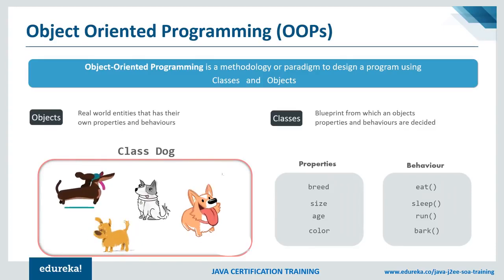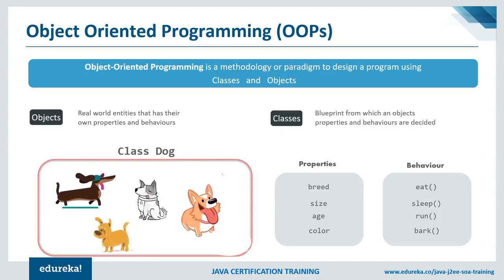For example, what is the weight, what is the age, what is the size, color, breed. So these are the properties. I can even say that they are the attributes which are linked to your object. Behavior goes like eat, sleep, run, bark, etc. So let's say a nose is used for a process called breathing or respiration. Respiration is a behavior.